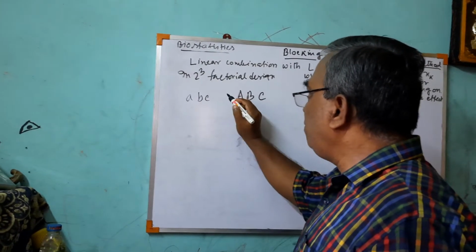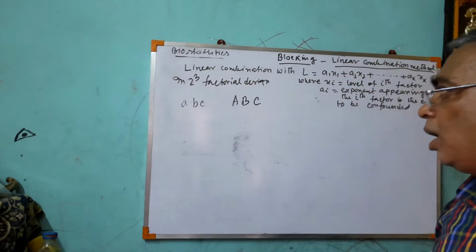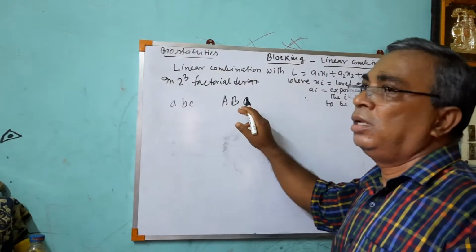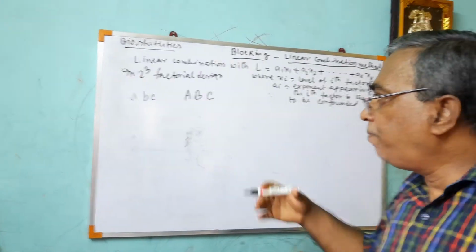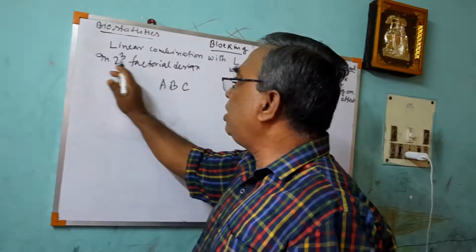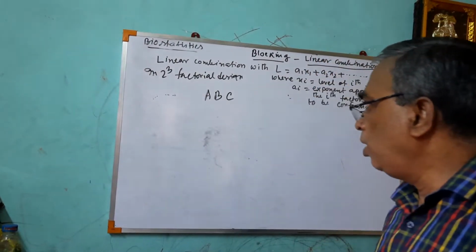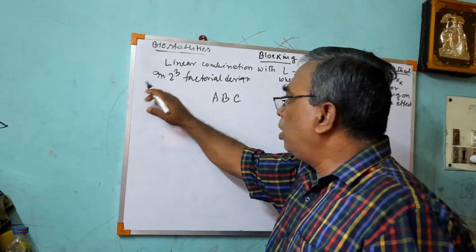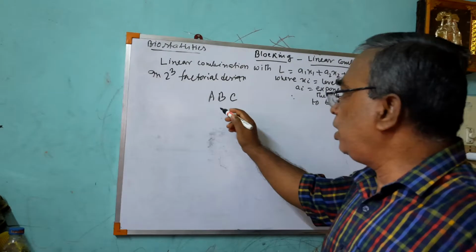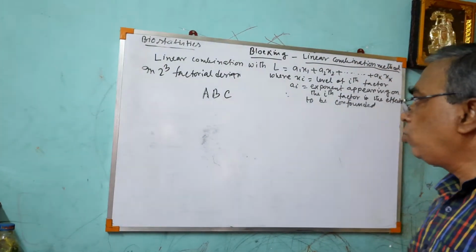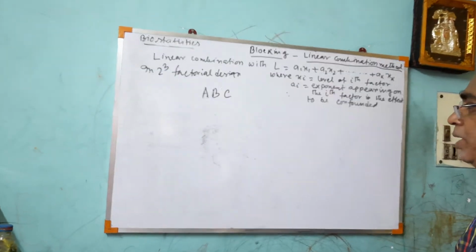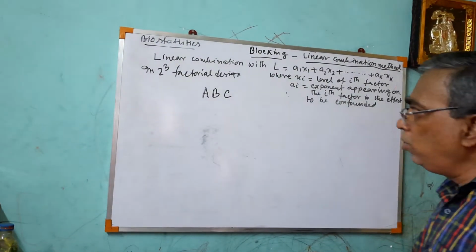What is capital ABC? It is a factor effect, with exponents 1, 1, 1. Now suppose you want to confound ABC.